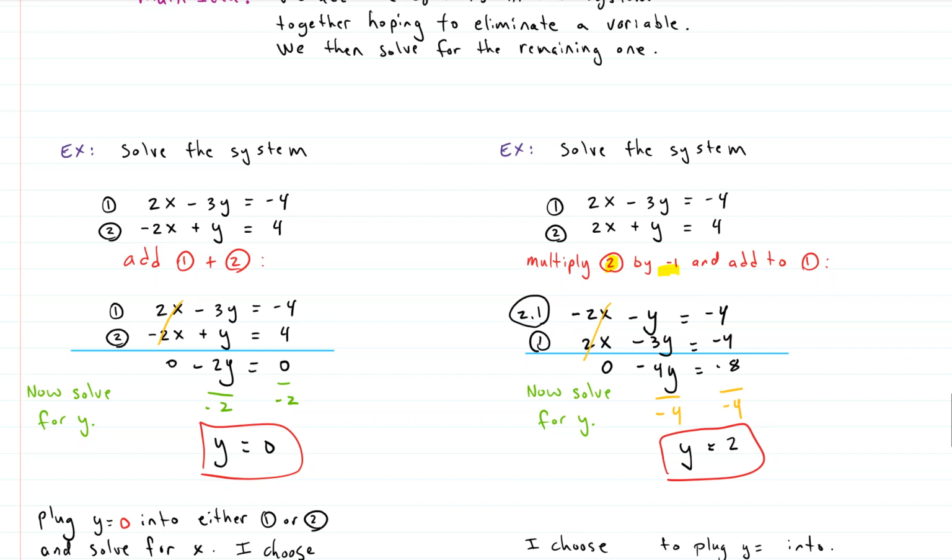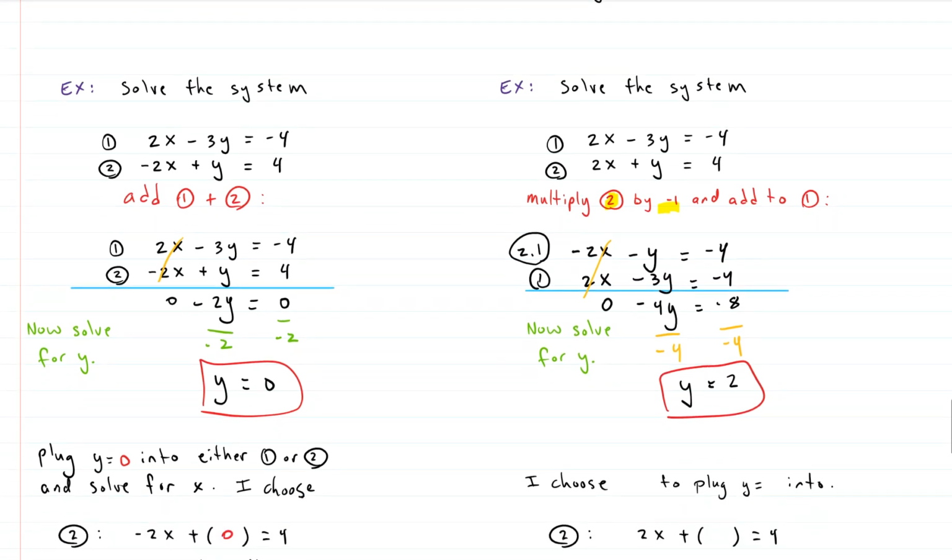That's nice. Now we've found y, we can go back and solve for x. So we can plug in y equals 2 into either of our original two equations, equation 1 or equation 2. So I choose to plug into equation 2. Personal preference, there's no reason really, except I think it's easier because if you look at equation 2, you see that y is by itself, so I don't have to multiply it by anything, but that's the only reason.